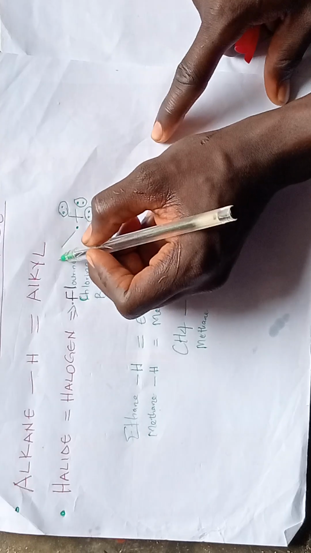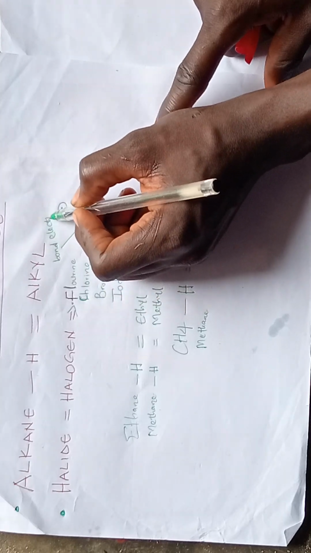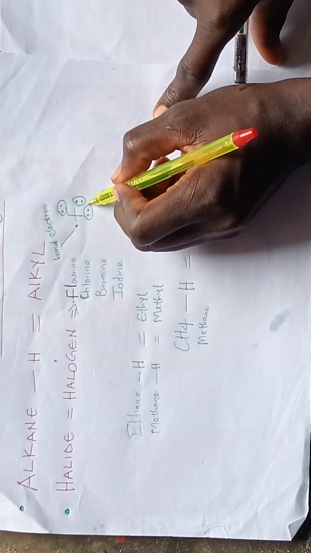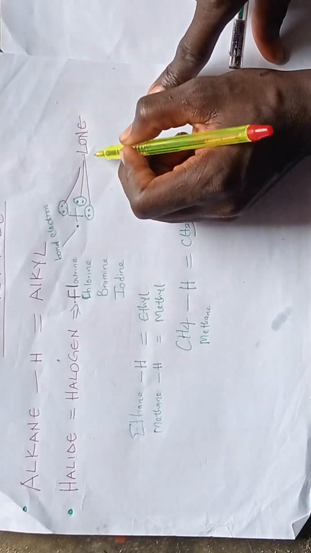We call this one the bond electron, while the pairs are regarded as lone pairs. So the bond electrons are single electrons, while the remaining ones, the pairs, are called lone pairs. So this 1, 2, 3, you can call them lone pairs.